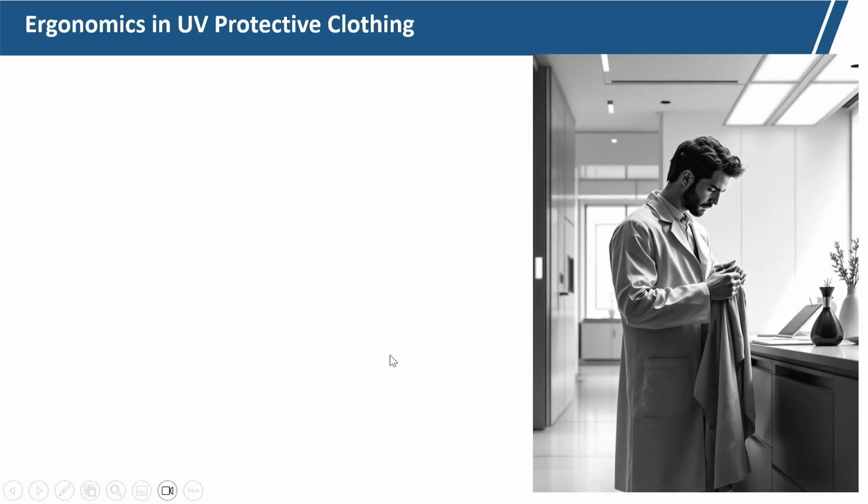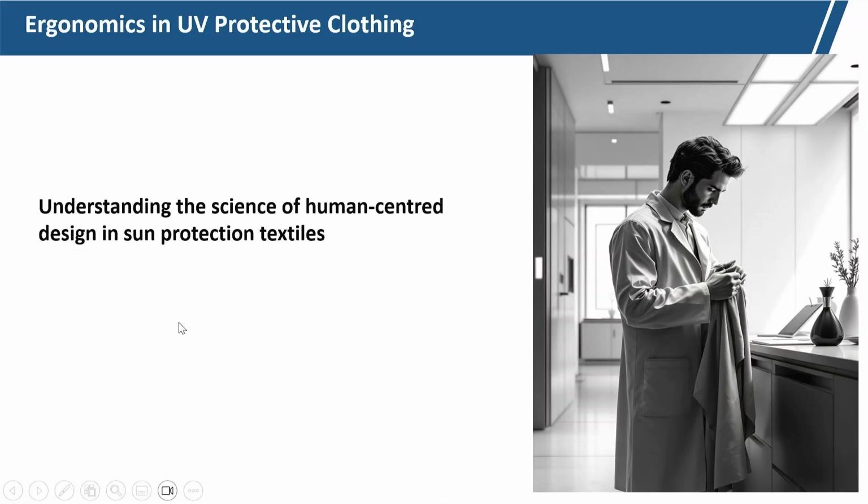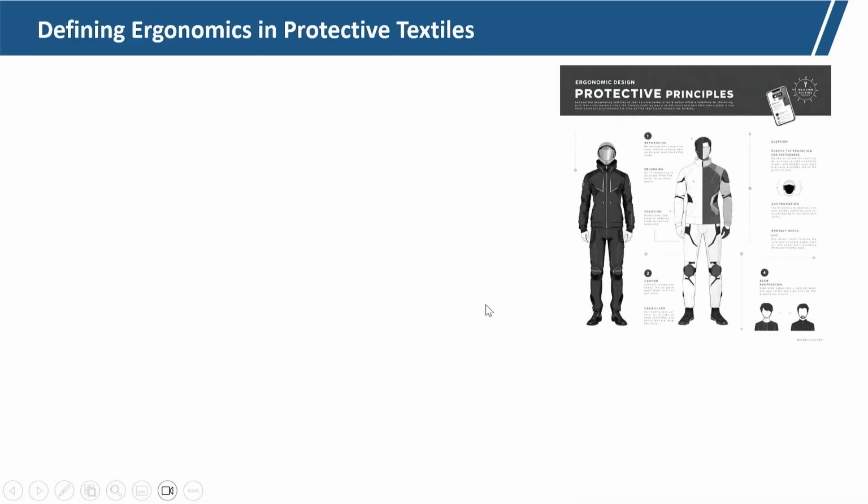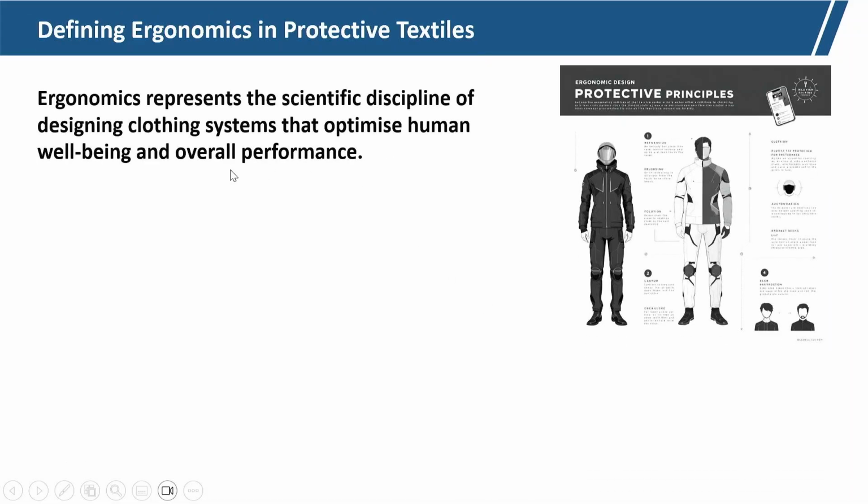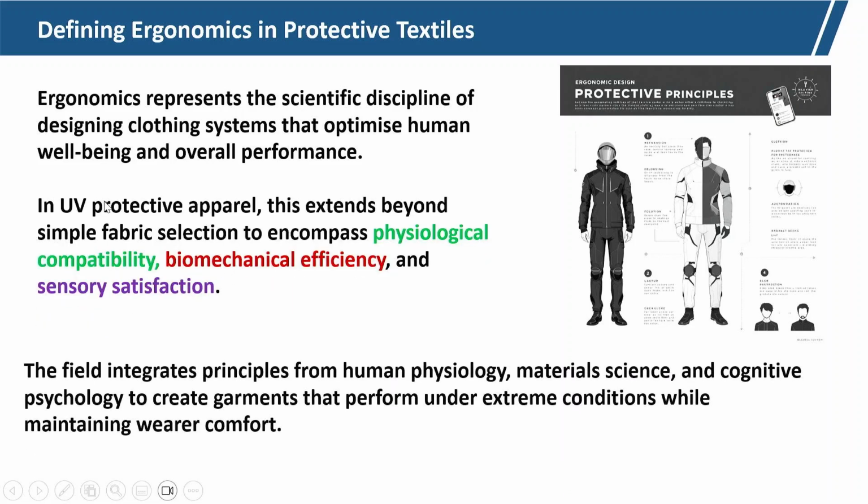Ergonomics is always important for any protective textiles. Understanding the science of human centric design in sun protective textiles is important. Ergonomics represents the scientific discipline of designing clothing to optimize human well-being along with performance.